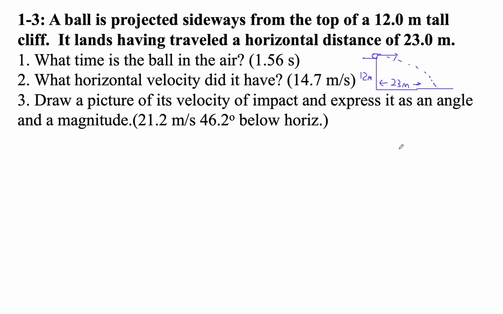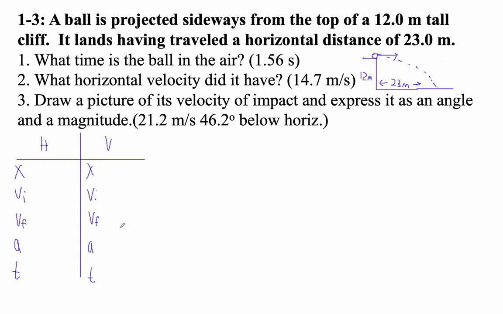So what we do for these is we set up this thing here. We got horizontal, we got vertical: X, VI, VF, A, T. Let's fill in the things that are always true.